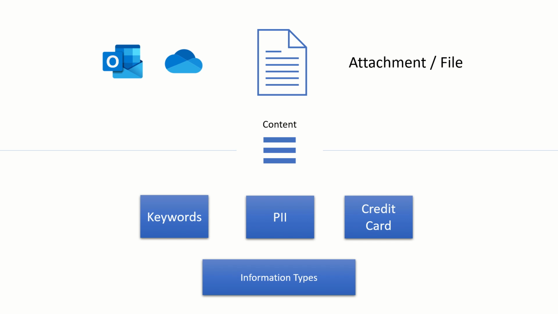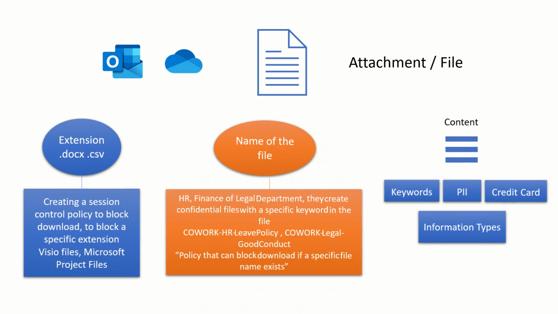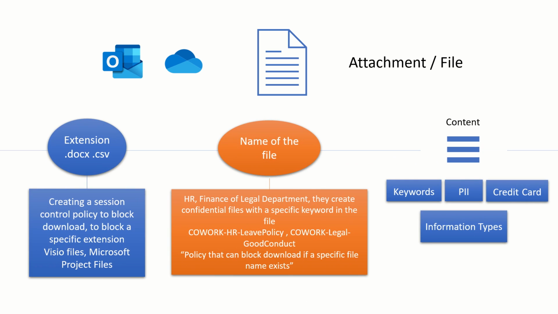Okay, so in a nutshell, all the scoping that you will do for different users, for different applications, or for different conditions. Apart from that, you have this particular scope as well, wherein you're going to decide what kind of policy should be applied in which condition.